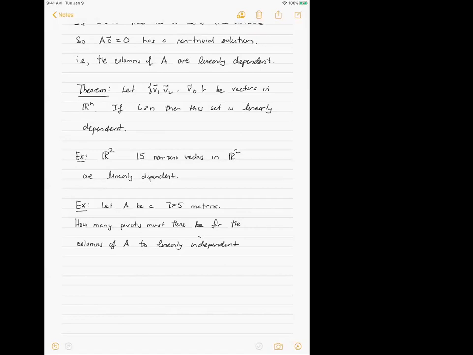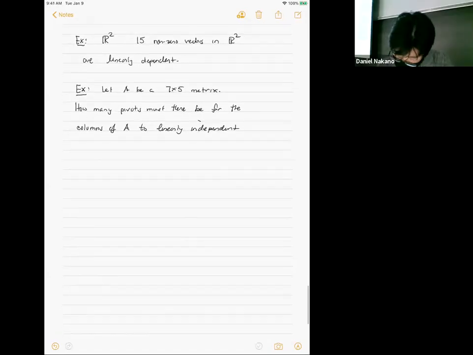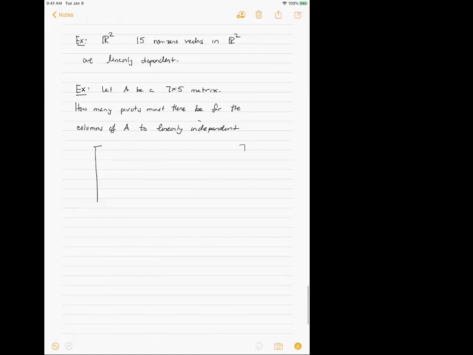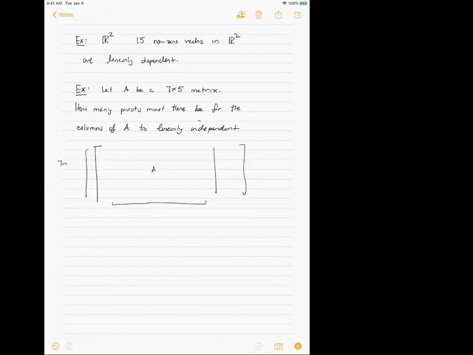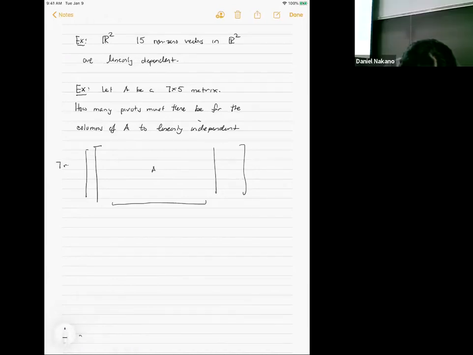You can imagine doing Gauss elimination on this. So here's your matrix A, and there are 7 rows here. Getting too excited. There are 7 rows and there are 5 columns.